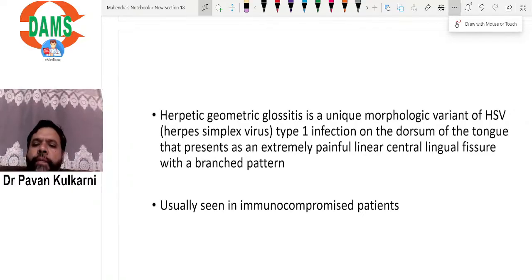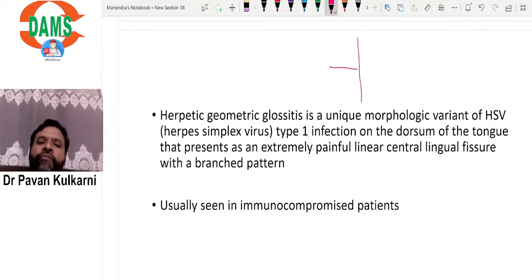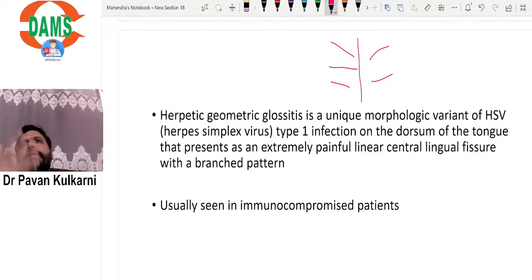So there will be a central fissure like this, and there will be fissures like this on the tongue. So this is known as geometric glossitis. So branching is important here. Along with that, the patient will also have herpetic ulcers.